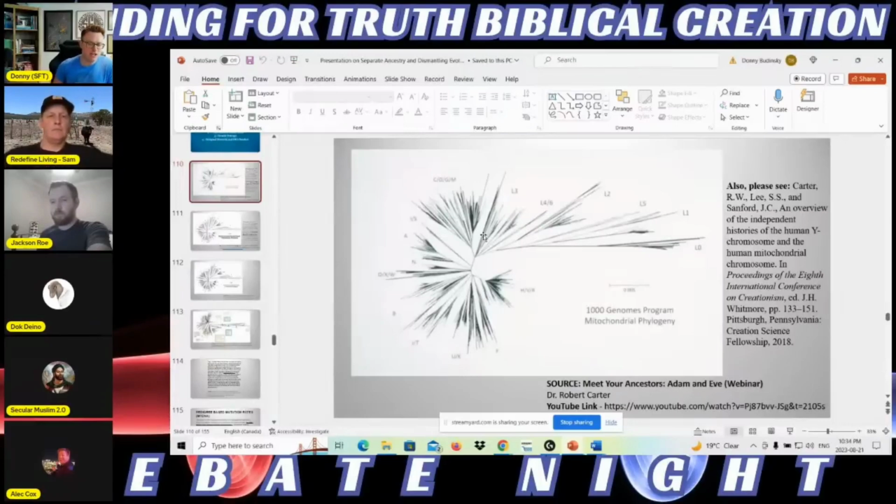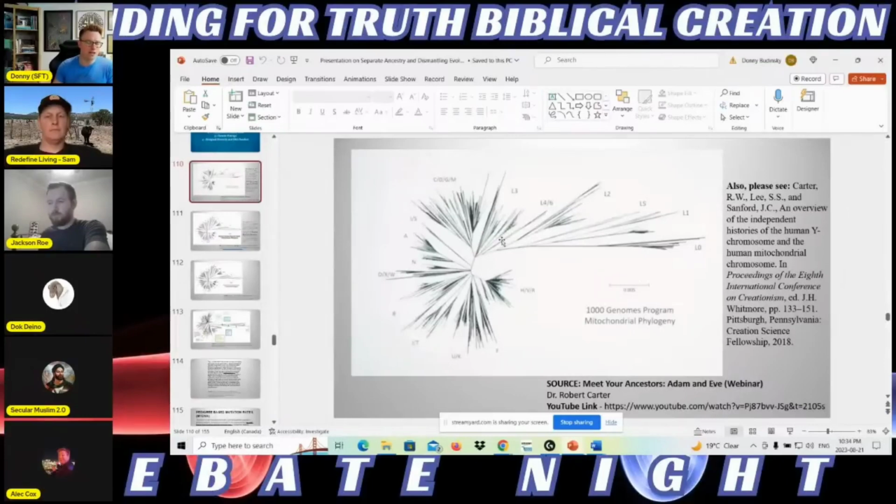But the genetic variation doesn't allow for that, because this is not something creationists made up, secular Muslim. You can get this DNA variation from the 1,000 Genomes Project, and you can reflect it using a tree building program in an unrooted phylogenetic tree. And so you can see explosive growth from a center point.